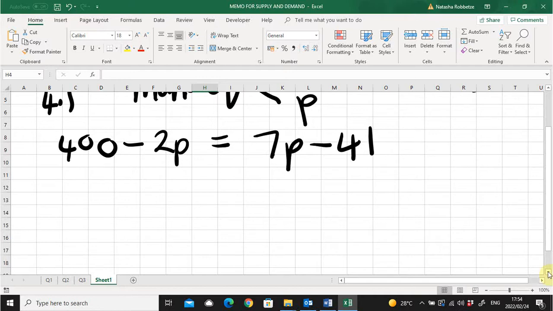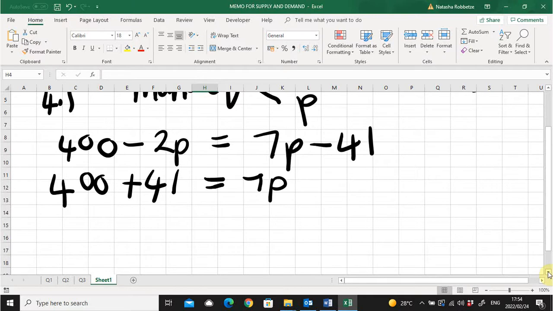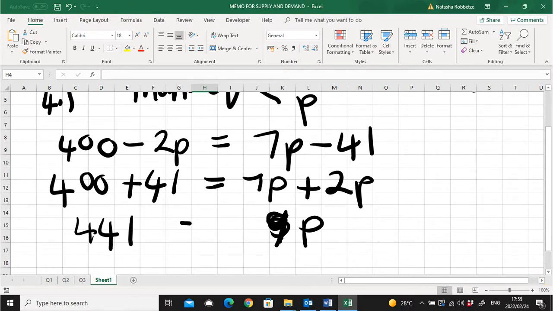I'm going to take the 400, it's going to stay this side. I'm going to bring over the 41, so it's going to be plus 41. And then I'm going to have 7p remain on the right hand side, but when the 2p comes this side, we're going to have plus 2p. So that gives us 9p, beg your pardon, and this is going to give us 441.